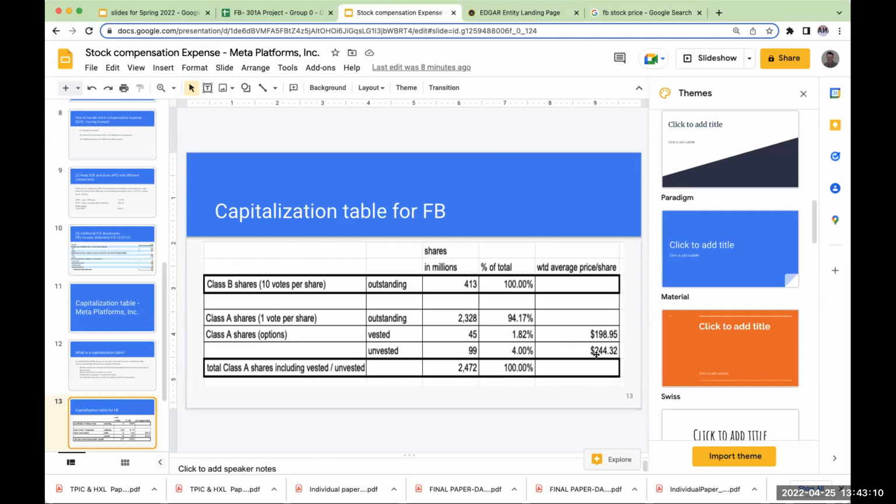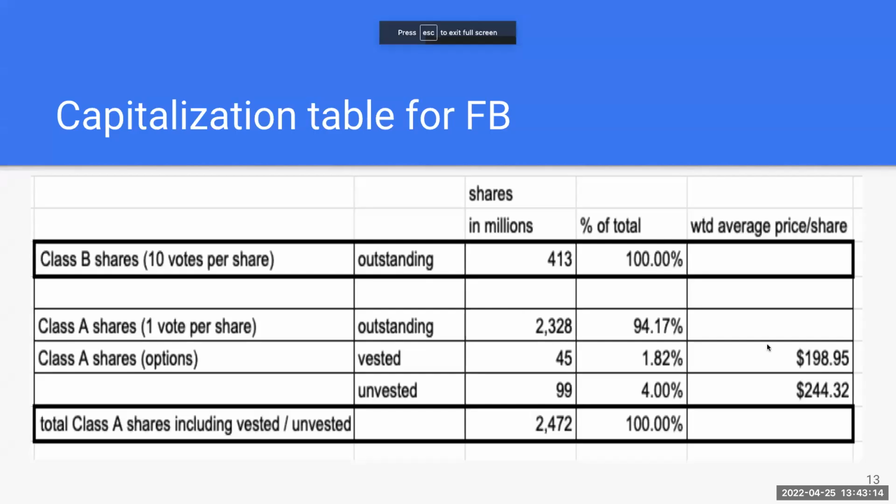So for Meta Platforms, the likelihood of these being exercised is practically none, because the employee would say, well, why would I pay $200 for something I could buy for 180? So that's more than likely what would happen. But again, this is a weighted average, and given the stock price today, the likelihood of these being exercised is not very good unless the exercise price was way lower.